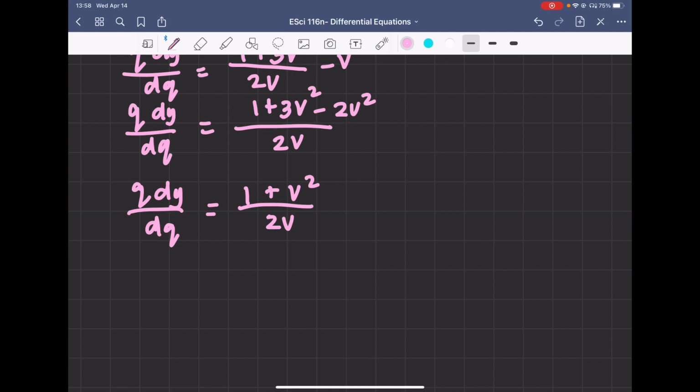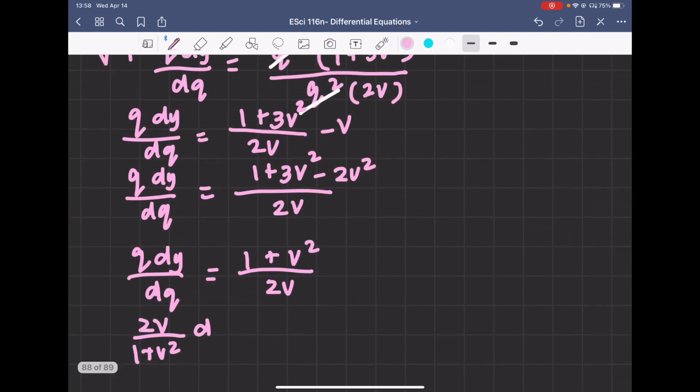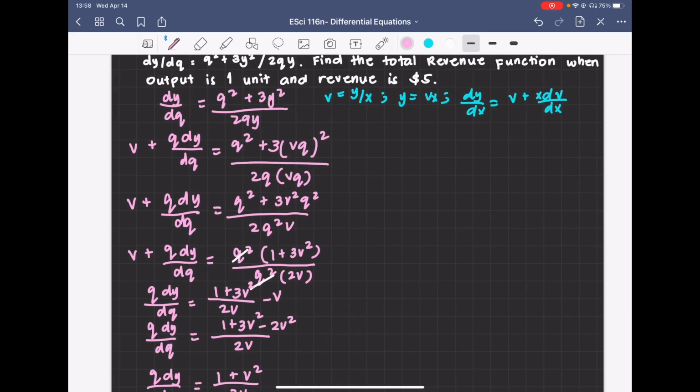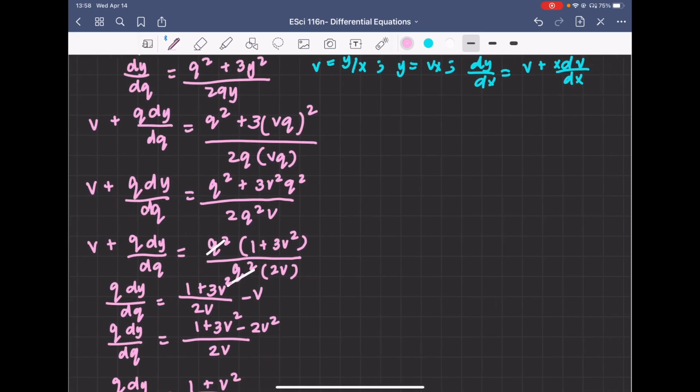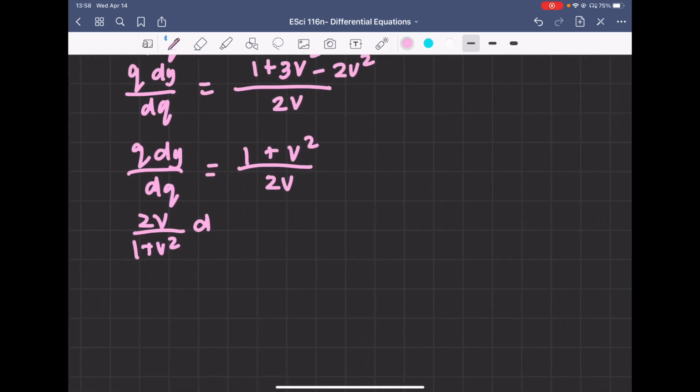Now, putting all of our v's on the same side and all the q on the same side, we get 2v over 1 plus v squared dv equals dq over q.